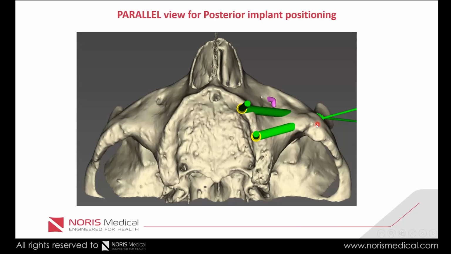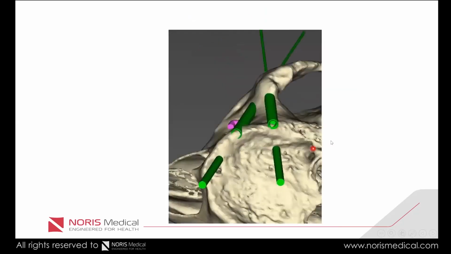You see the apexes are crossing, the posterior implant is above the anterior implant. Okay, that's how it looks. I will show now how to find the entering point of the posterior implant, because it is not enough to check the height. We also have to check that we are not colliding with the anterior implant.